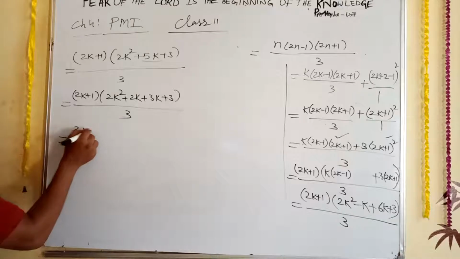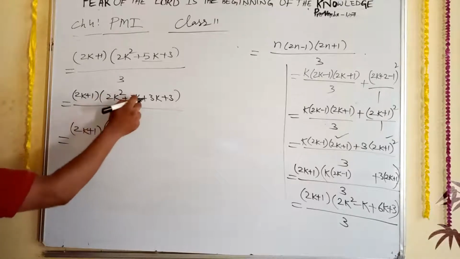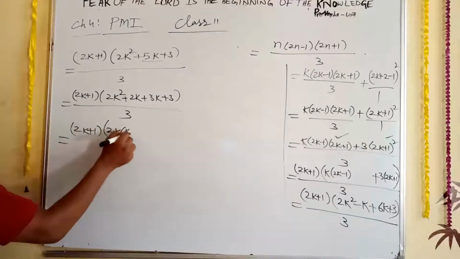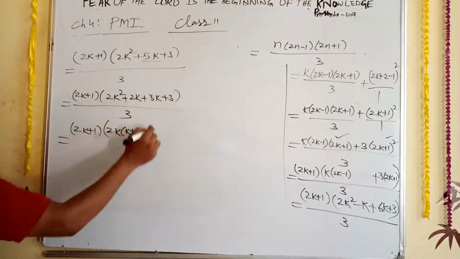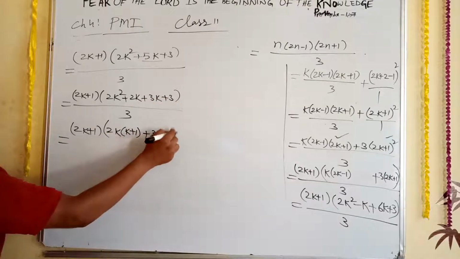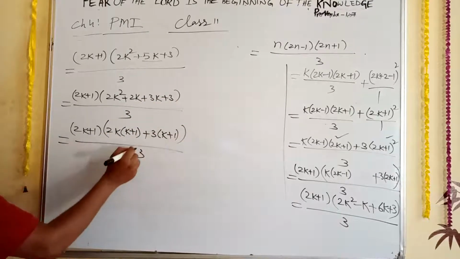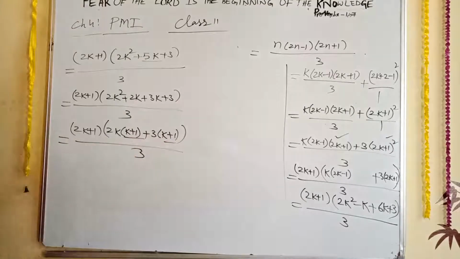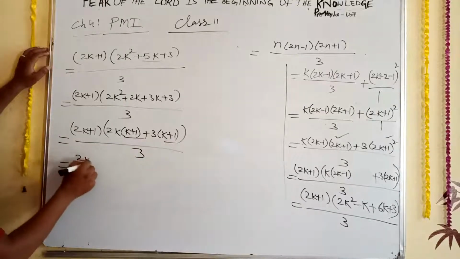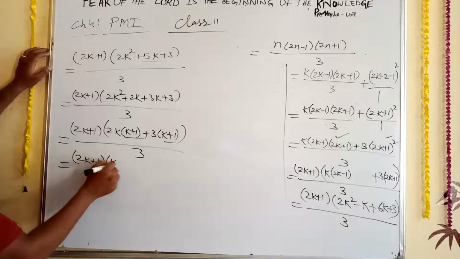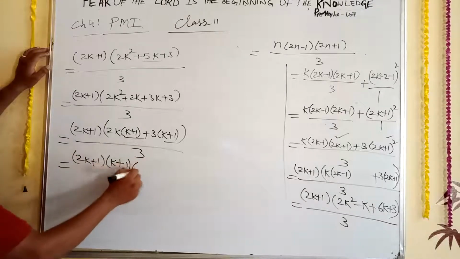Now in both, 2k common gives k plus 1, and in both 3 common gives k plus 1, upon 3. Now k plus 1 is common: (2k plus 1)(k plus 1), and what is left is 2k plus 3, upon 3.